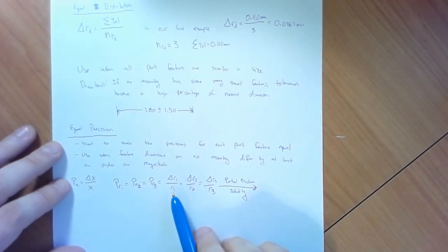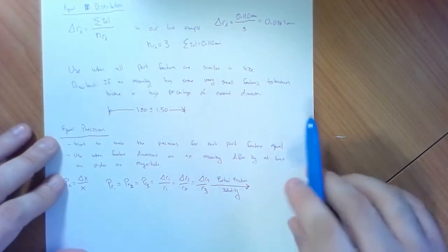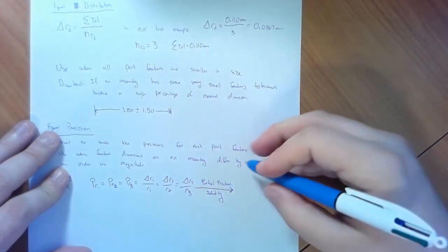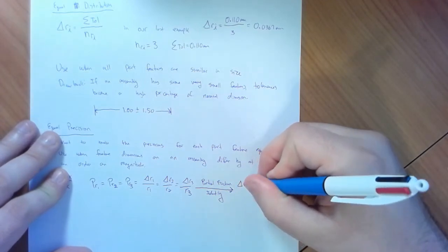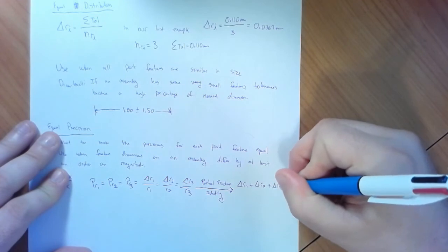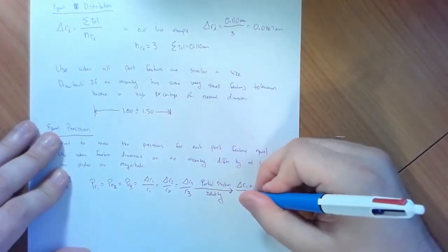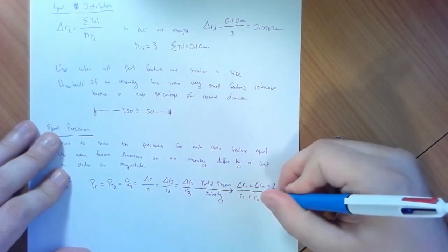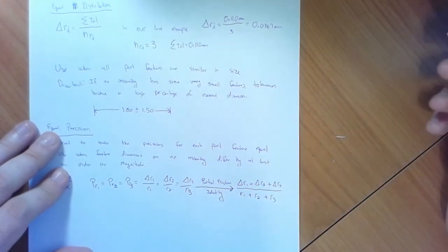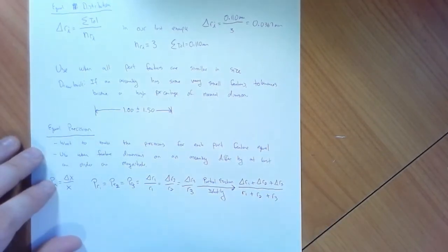If you've got a series of ratios that are equal to each other, it turns out that the sum of the numerators of those ratios is equal to the sum of the denominators of those ratios. Again, I won't derive this for you. You can find this identity, but that's how it works out.